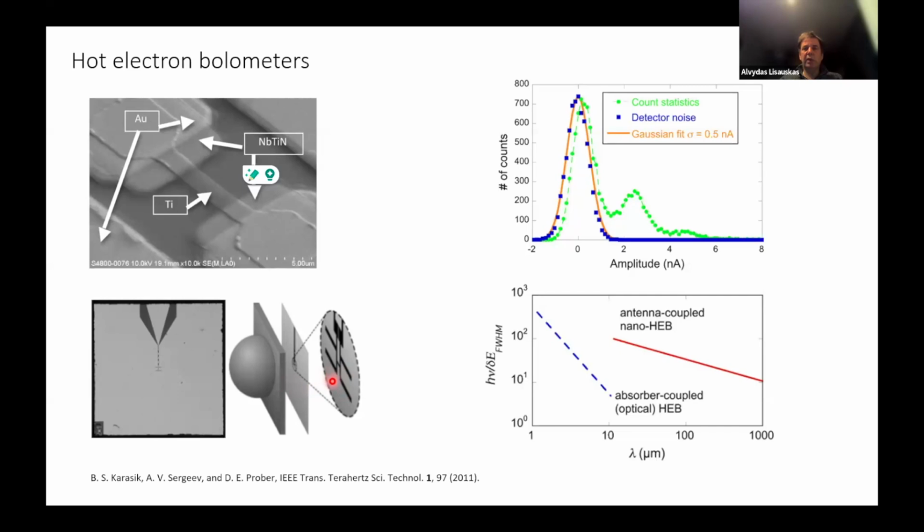But once one does it, one can get a statistic of counts. The detector noise itself is here. Then one applies terahertz radiation and gets a statistic of counts, with a slight shift in the noise peak there, and also a peak appearing here, showing that such a device, cooled below a Kelvin, is capable of measuring photons.